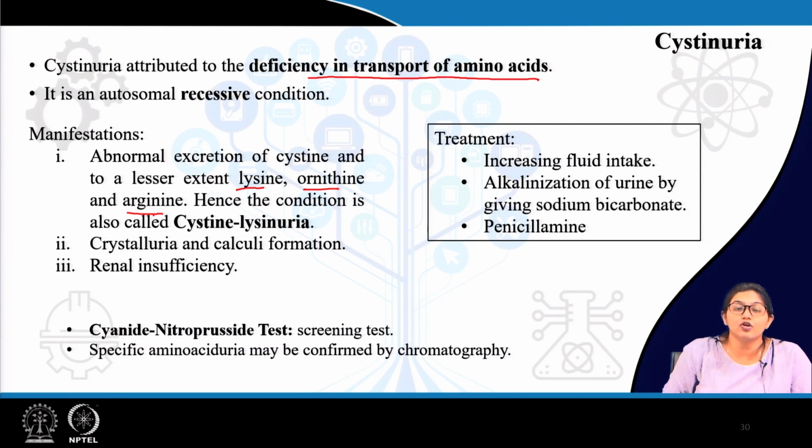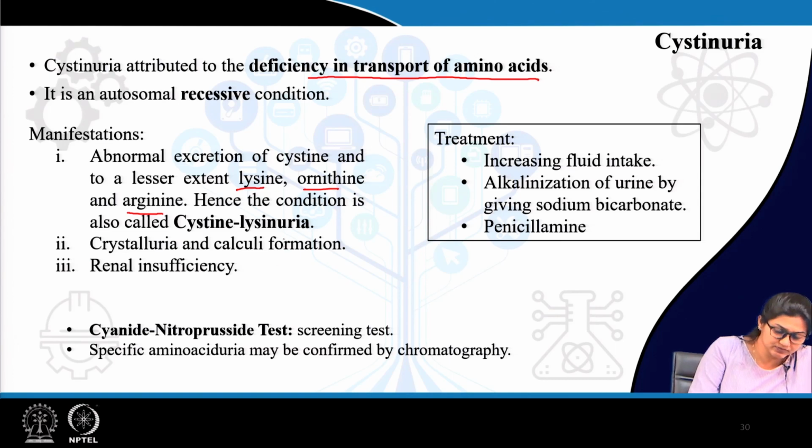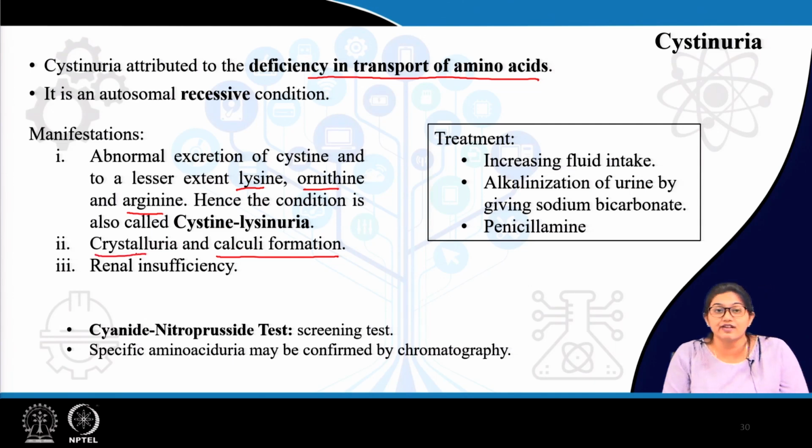Because the cystine and lysine are excreted in urine, cystine crystals will be deposited in the kidney, forming calculi, as well as crystals being excreted in urine, and in severe cases these deposited crystals will cause renal insufficiency.